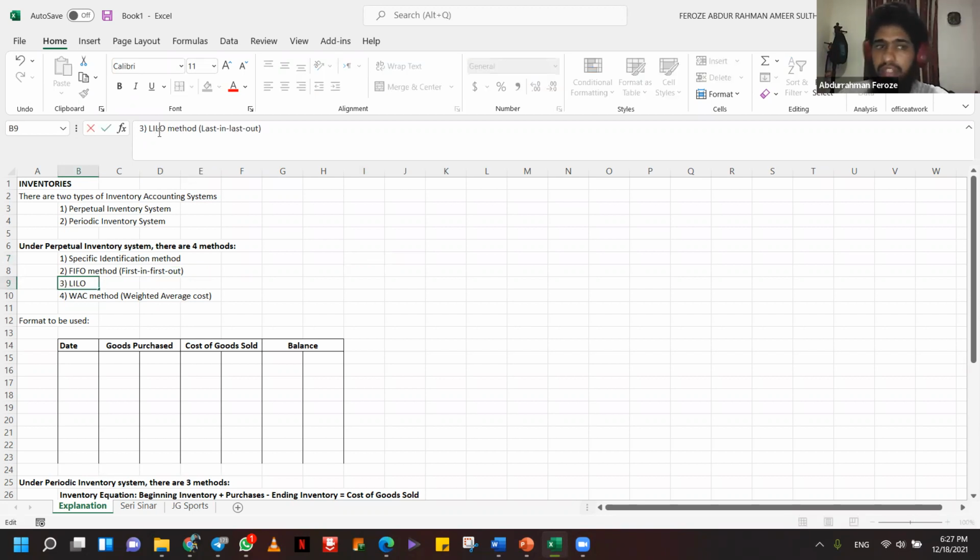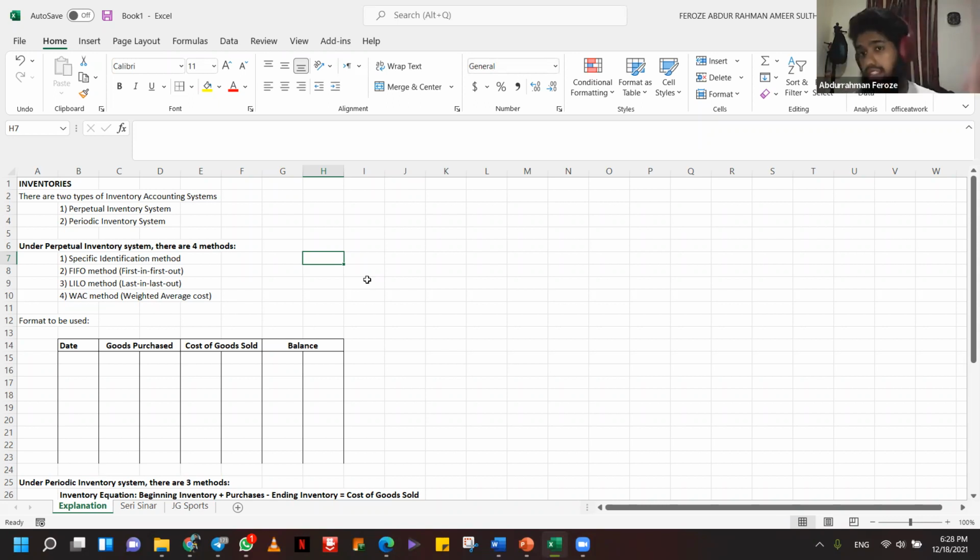The inventory that is bought last is the one that is sold first. So whatever is remaining in the inventory is usually the one that was bought earliest. This is very rarely used, but it is another method.